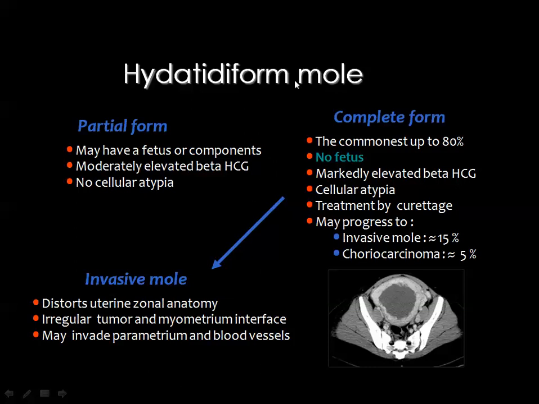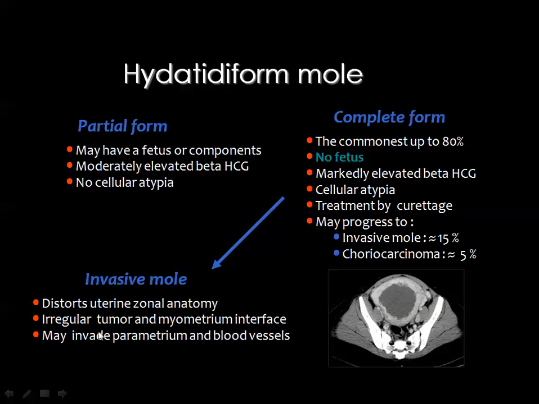And this is the story of the trophoblastic disease. It may present in the complete form or partial form, or invasive mole, or choriocarcinoma. The complete form is the commonest one, and in the uterus there is no fetus, and the human chorionic gonadotrophin is markedly elevated, and this may progress either to an invasive mole or to a choriocarcinoma.